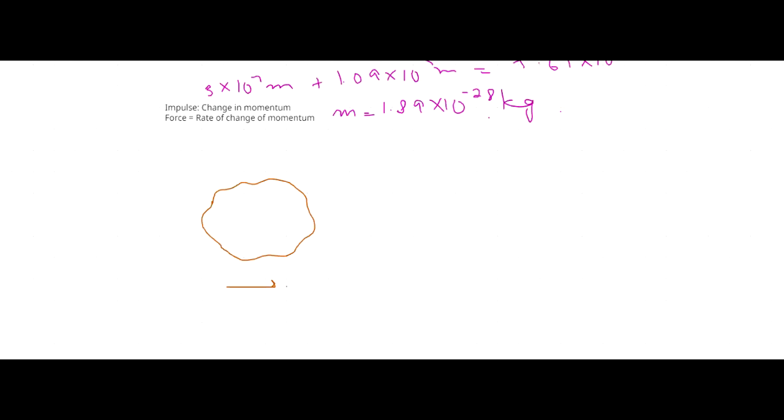NASA had a mission going on at one point, early 2000s, where they were trying to crash a spacecraft into a comet, right? And their purpose was they were trying to actually study the composition of the comet.